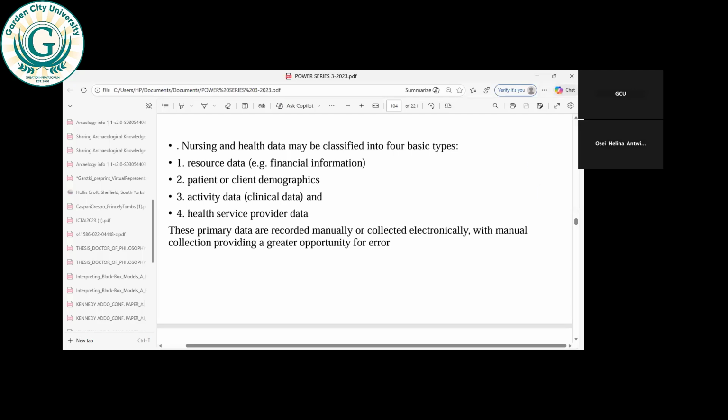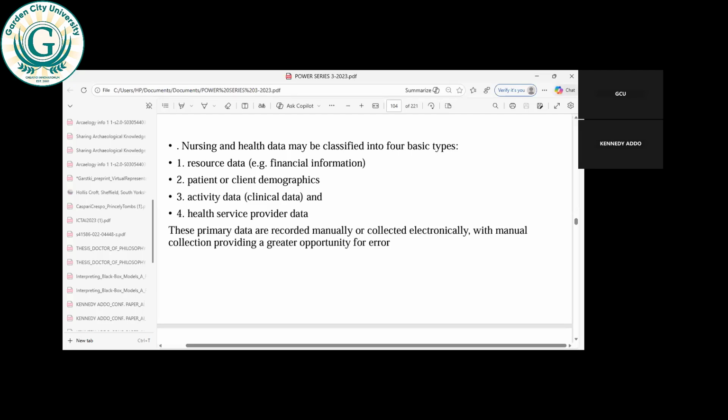Sir, please, my question was about the resource data. The resource data, we are looking at, for example, financial data. So if you are having financial data, it is also seen as resource data. But we can also make other examples.